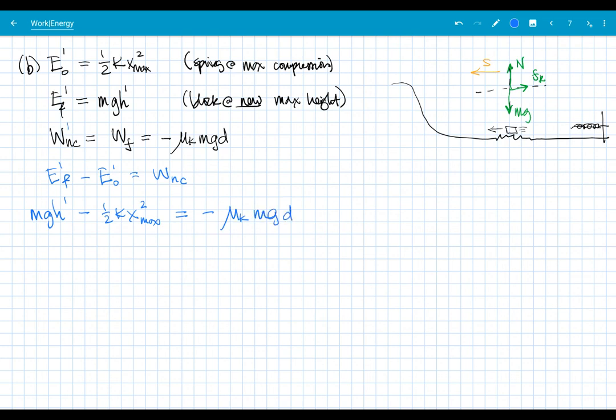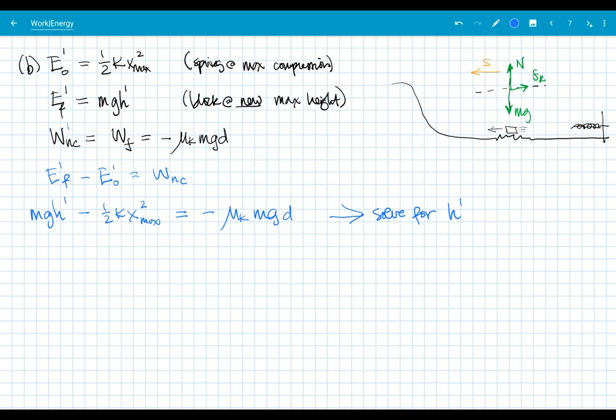Great. So now my job here is to solve for h prime. And I can do that. Remember that we now have an expression for x max, so I can sub that in. m, d, and k are all known. And h prime is then something that I can express in terms of known stuff.